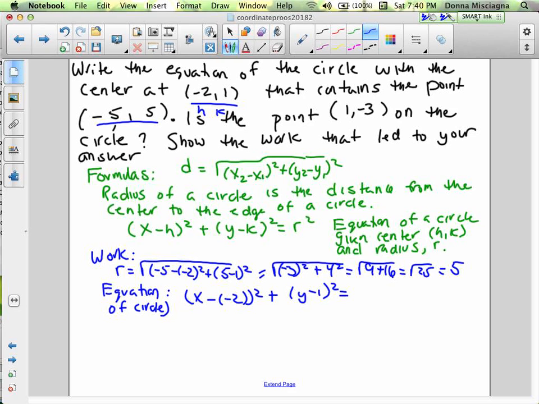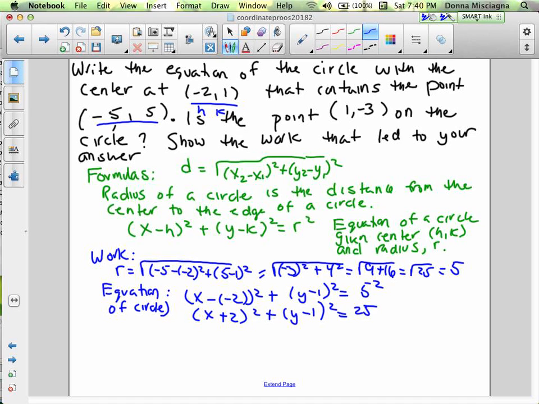The minus is already in the equation because it's the distance between the points, which is the distance formula. So we've got x minus -2 squared plus y minus 1 squared equals 5 squared. Now let's simplify. That's x plus 2 squared plus y minus 1 squared equals 25. There's the equation of the circle.